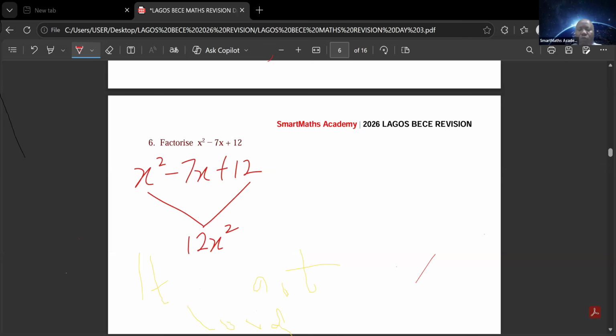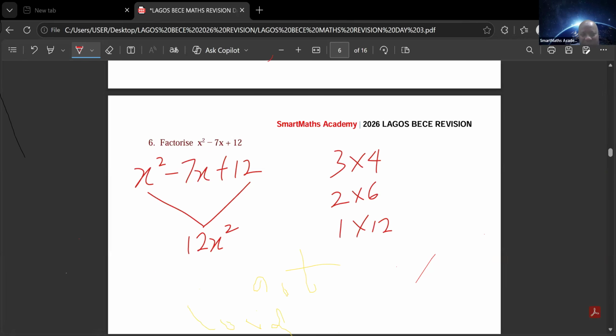The same thing: we look for two numbers that we can multiply together to give us 12. That is 3 times 4. Then we can also have 2 times 6, and 1 times 12.